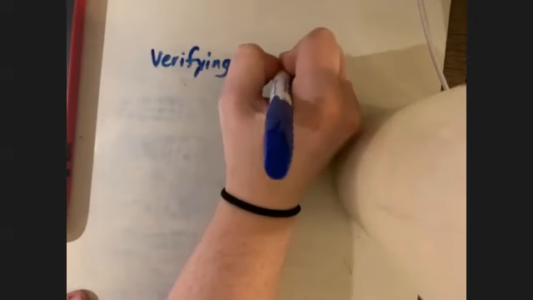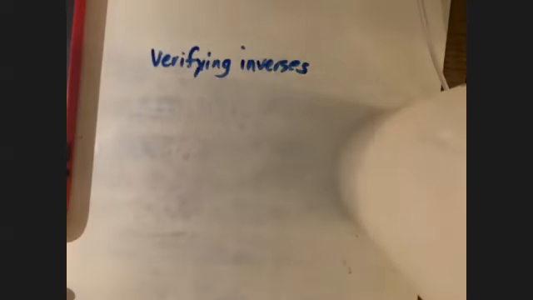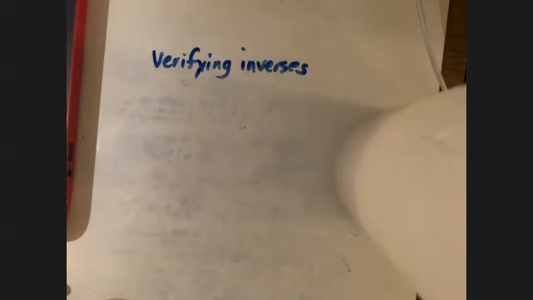inverses. Basically, they're going to give us two functions, an f of x and a g of x, and we're going to check and see what happens.